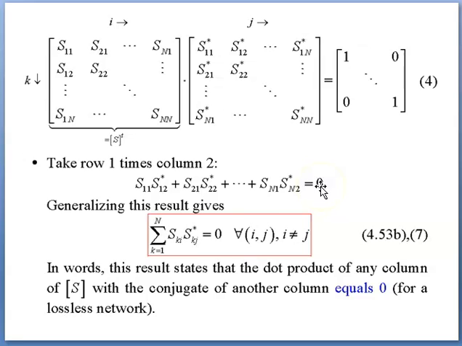So generalizing these results, you will have the summation of SKI times SKJ conjugate is equal to 0. So in other words, this result states that the dot product of any column of S with the conjugate of another column will be equal to 0 for a lossless network. So this is how you find out whether the network is lossless or not.